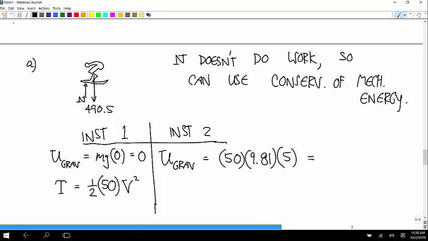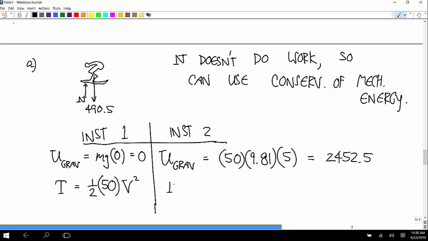And so this is 2452.5. These are all in joules, by the way.